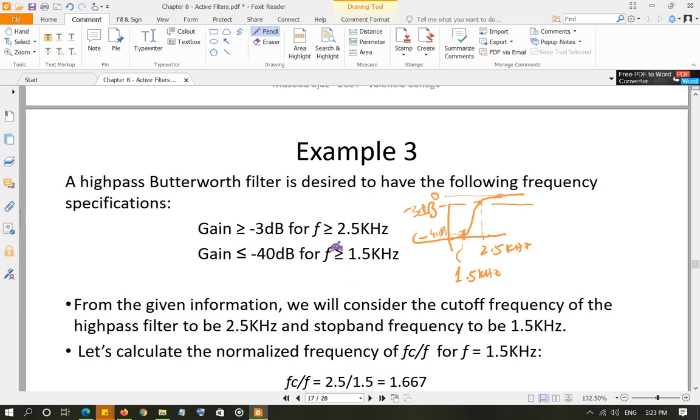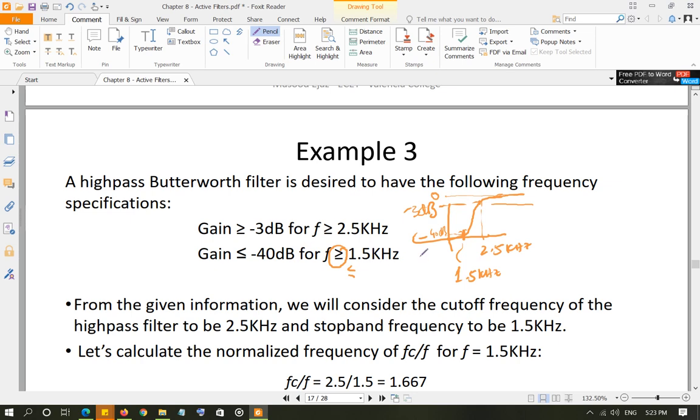I'm wondering, I think this should be less or equal to, because you're going from 0 to 1.5 kilohertz as your stop band. I'm quite sure this is less or equal to, so I will modify that. So from 0 to 1.5 kilohertz, the gain will be negative 40 or less than that. We will assume that the maximum gain is going to be negative 40 decibel at 1.5 kilohertz, or it can be less than that.